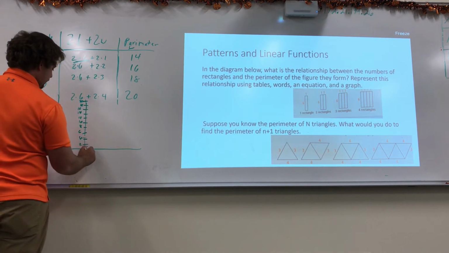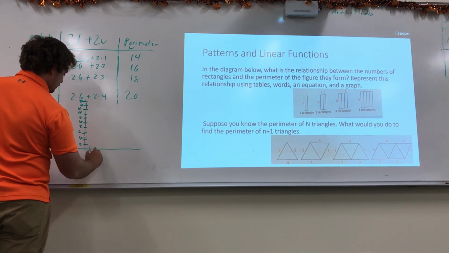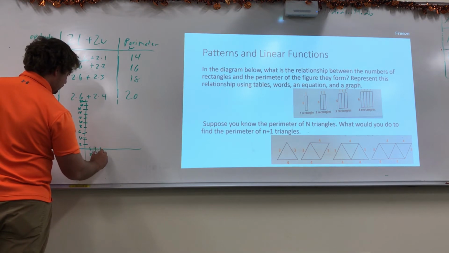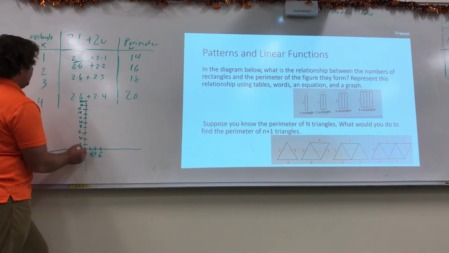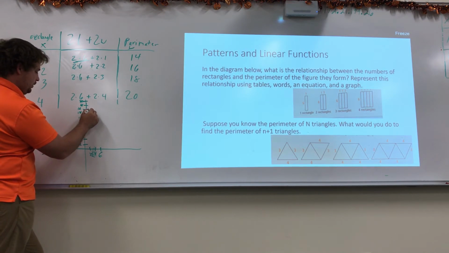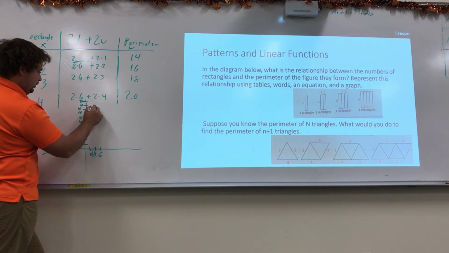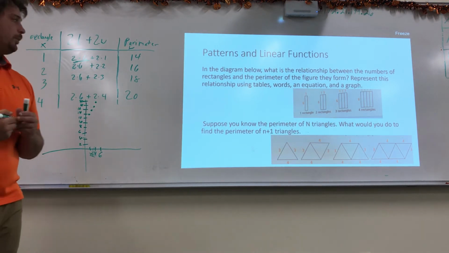Okay, this one can go over by 2, sure. Okay, so at 1, I am at 14. At 2, I am at 16. At 3, 18, and 20. Okay, that would be my graph.